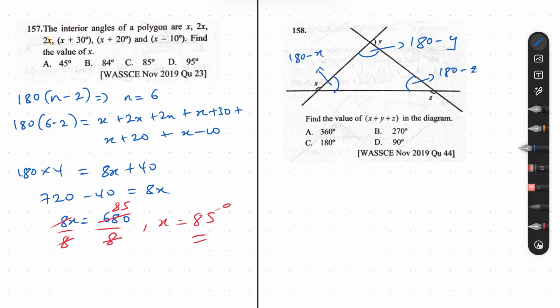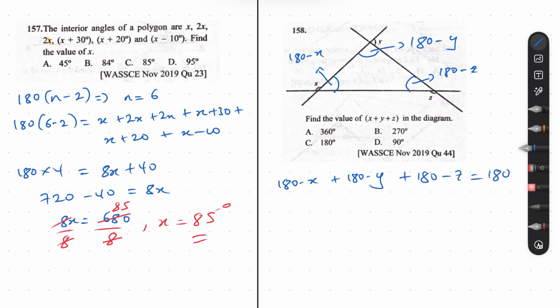Now, we know that the sum of the interior angles of a triangle should add up to 180. So 180 minus x plus 180 minus y plus 180 minus z should give us 180.